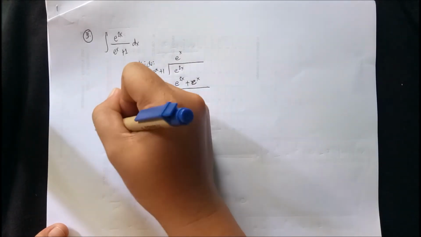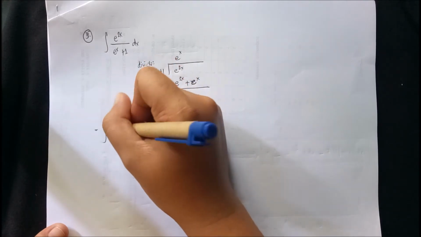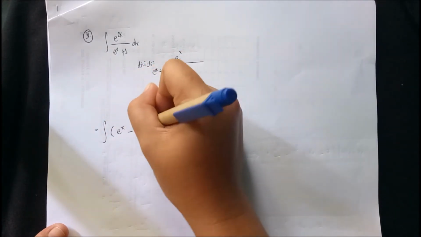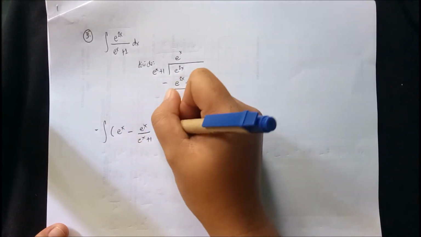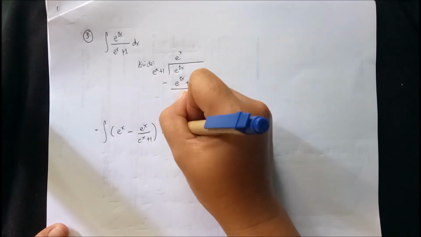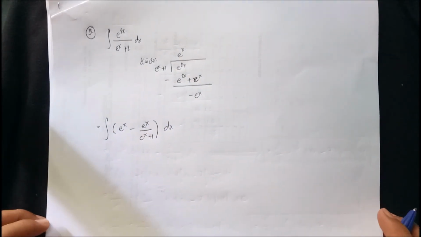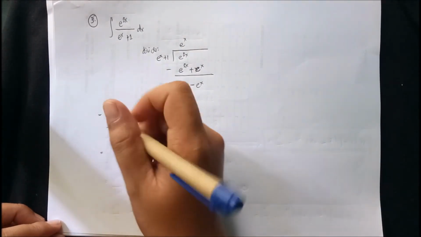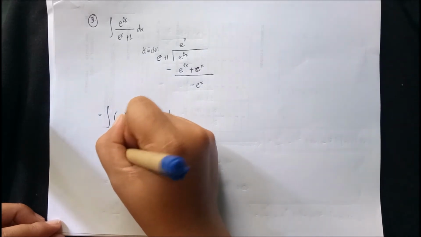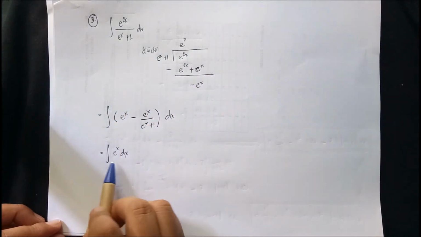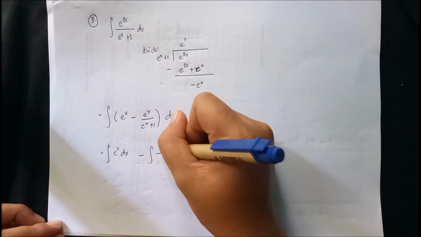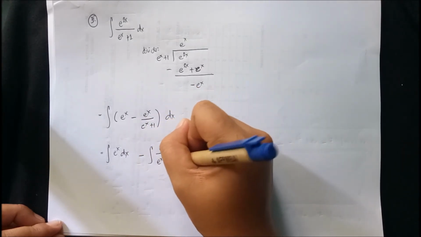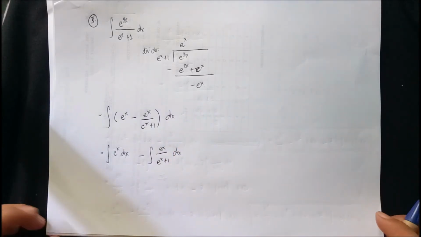So, ibig sabihin class, our integral, this one, is just equivalent to e to the x minus e to the x over e to the x plus 1 dx. Okay? So, distribute natin yung integral sign class. This is now the integral of e to the x dx minus the integral of e to the x over e to the x plus 1 dx.